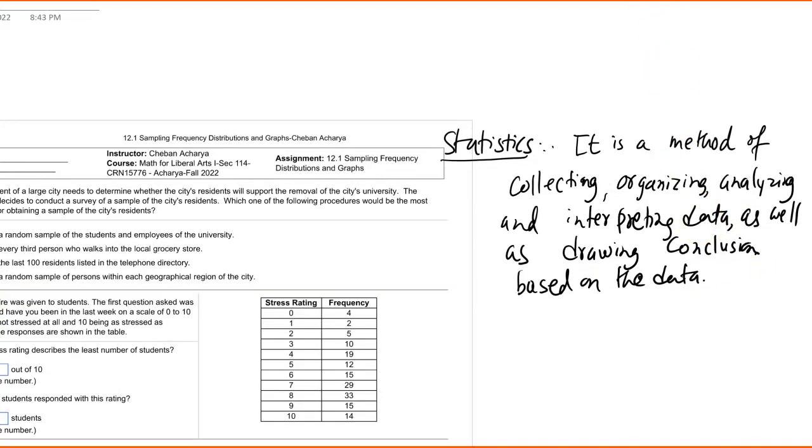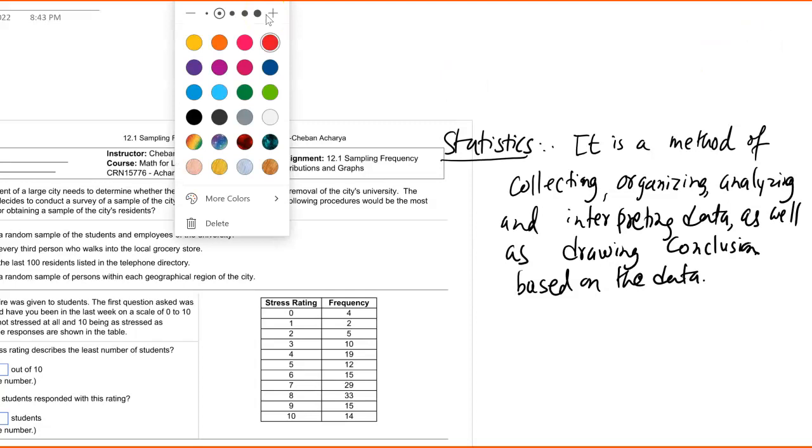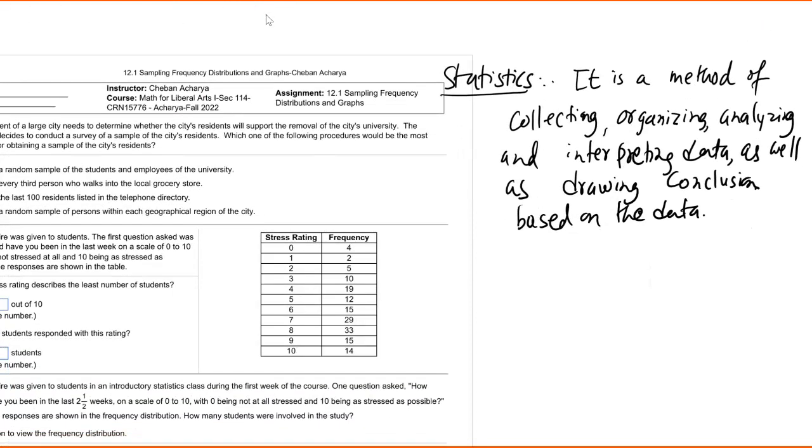That's statistics. Now, statistics in this section is divided into descriptive statistics and inferential statistics.